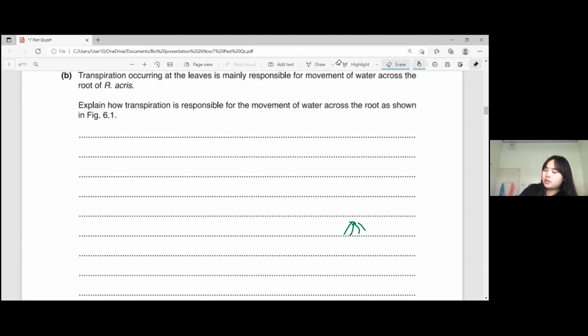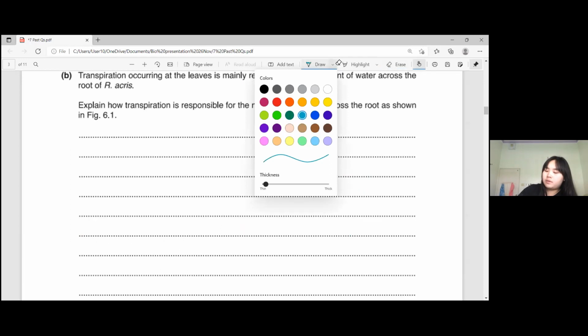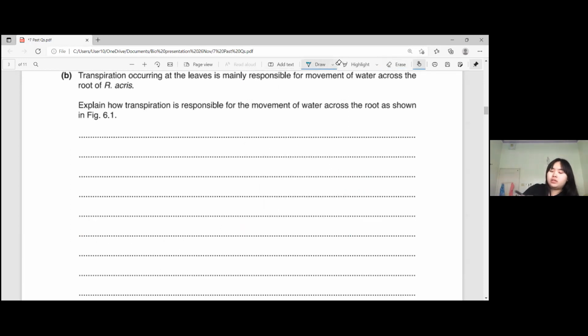So for this question, we can write about what happens during transpiration. Firstly, the water will evaporate out of the mesophyll cells. Second, the water vapor will diffuse out into the atmosphere through the stomata.